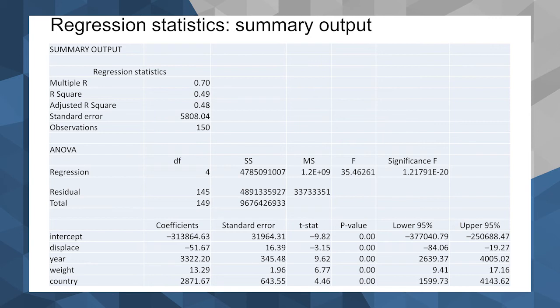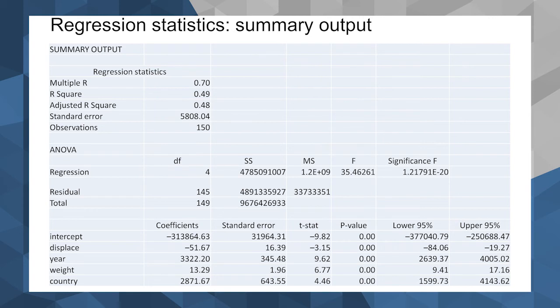If weight goes up by 1 unit, consumption goes up by 13.29. And if country goes up by 1 unit, consumption goes up by 2,871. So obviously you need to understand the variables. This is just to give you an idea of what those coefficients mean.